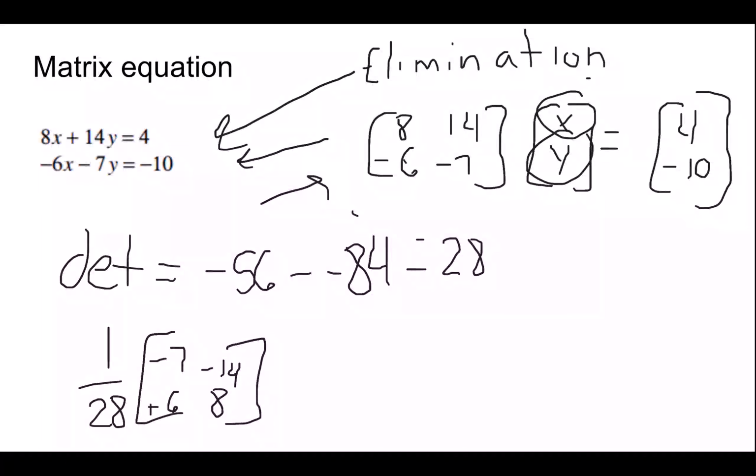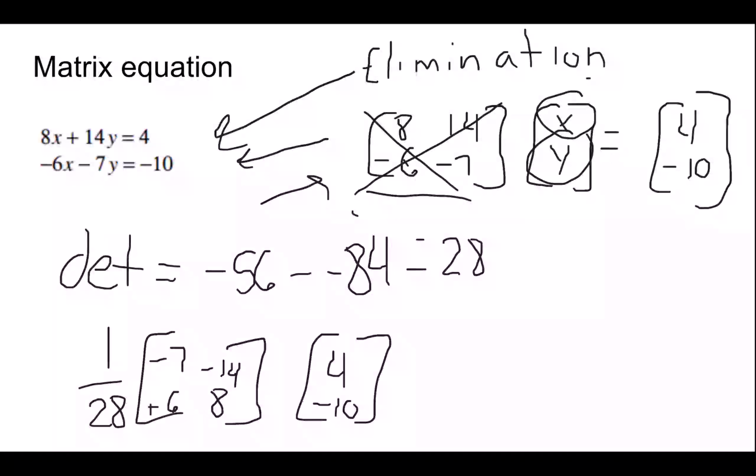We multiply it on this side, it gives us the identity. So it kind of goes away. We multiply it on this side. And again, matrix multiplication is row by column.